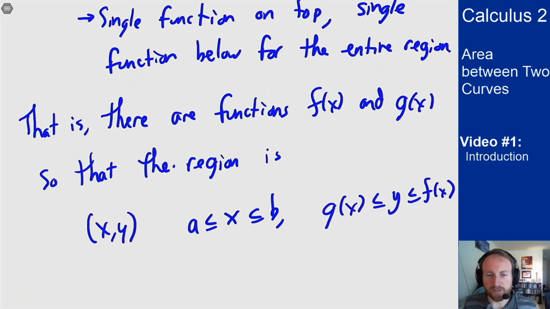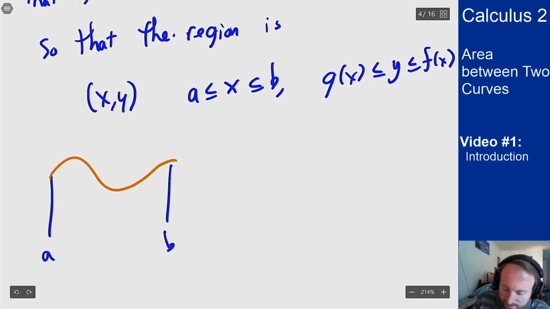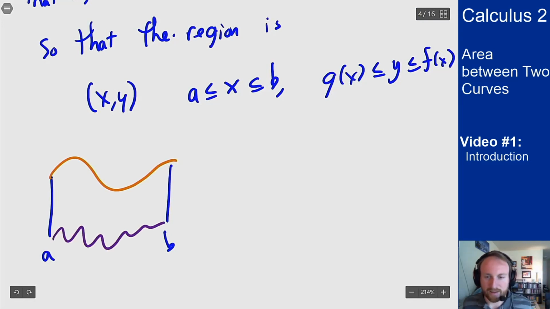So the region is sort of written in this form. It is all points with x-coordinate between a and b, and y-coordinate between g of x and f of x for those two functions f and g. Something like here's a, here's b, and I have my function f that sits on top, my function g that sits on the bottom, and that gives me a region.